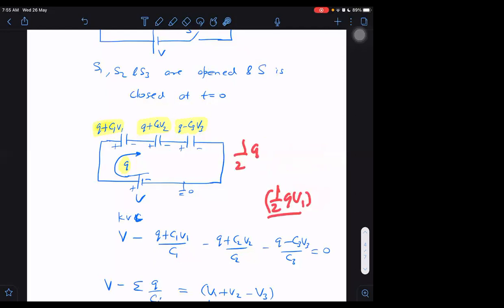One term is half of Q square by C1, one term is half of C1 V1 square, and the last term is half of Q into V1. Do you understand what these three terms are representing?